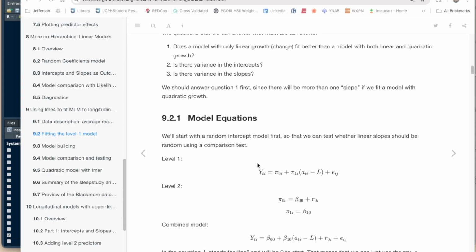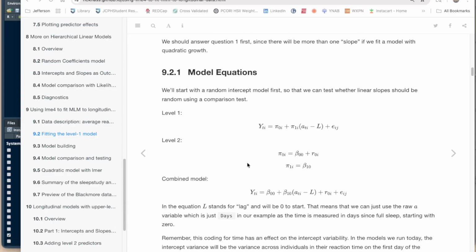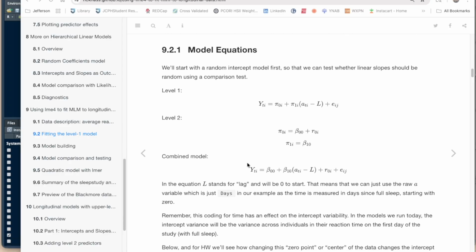In Raudenbush and Bryk, they change the notation a little bit, which is a little bit weird, but all they do here is we assume that at level one, which is now the day per subject, the outcome at time t for subject i is a function of some intercept for subject i, the slope, and then the random error at the subject level.